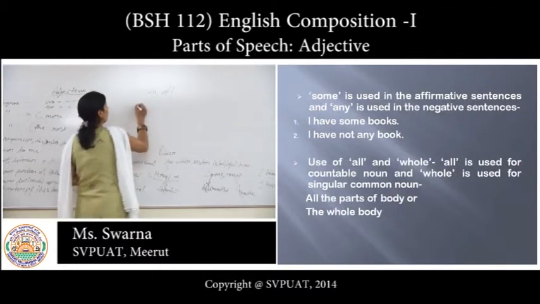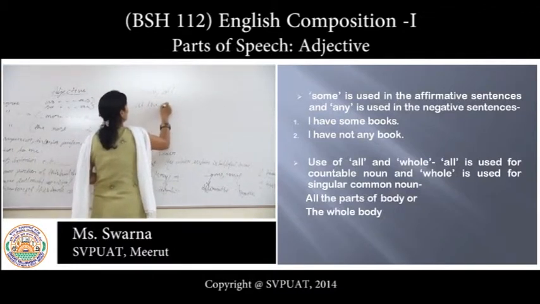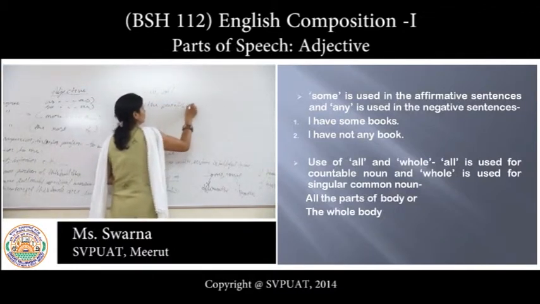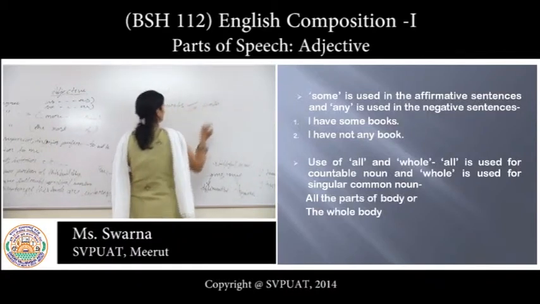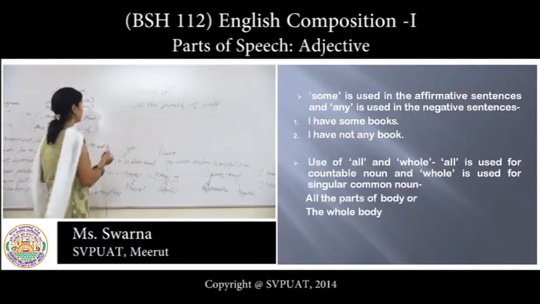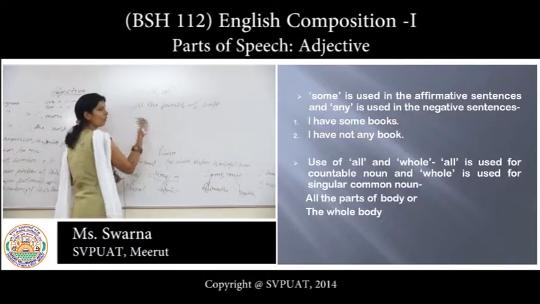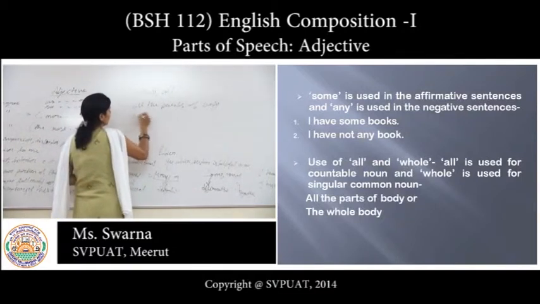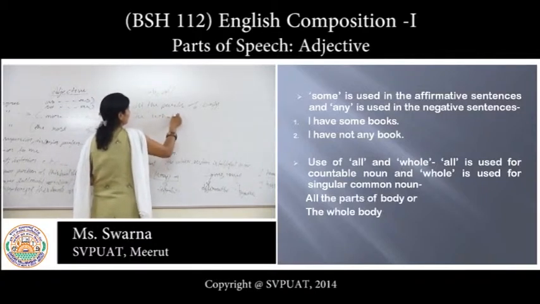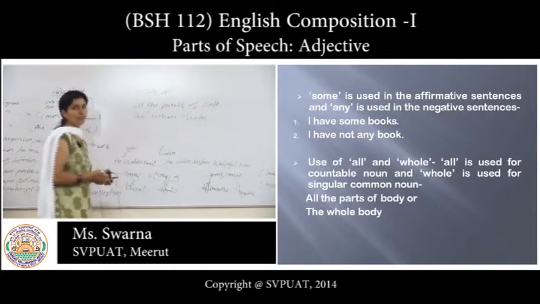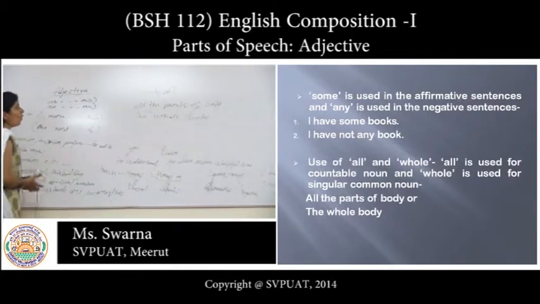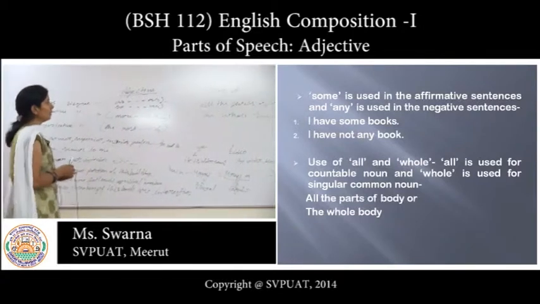Like "all the parts of the body," which are countable. And if we use the body as one, then "the whole body," "the whole life." So this is the main difference between whole and all.